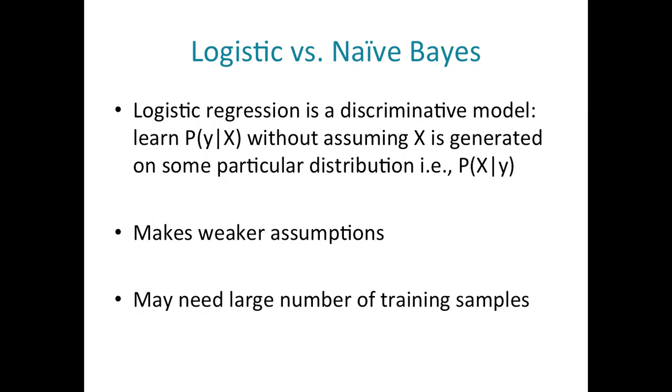The assumptions that logistic regression makes are weaker, so it's generally much more applicable to many other settings than Naive Bayes. But because we need to solve an optimization problem to identify the parameters for the logistic regression, that requires a large number of training samples to be able to identify an accurate set of parameters for the model.